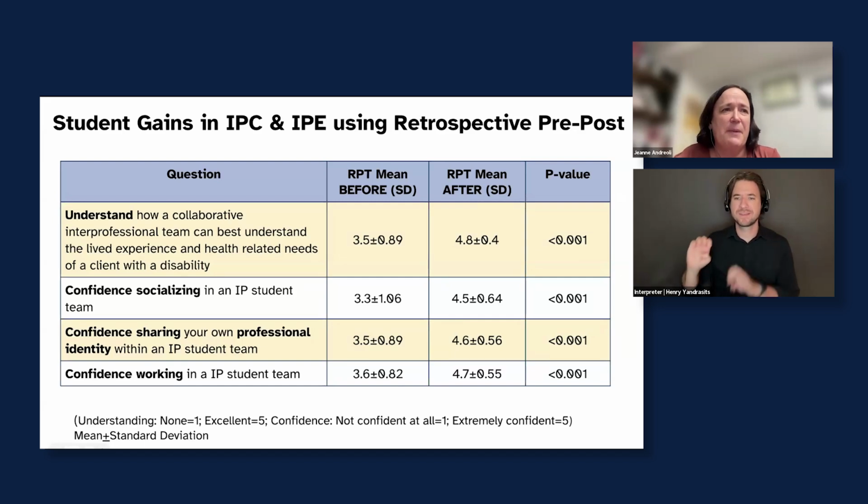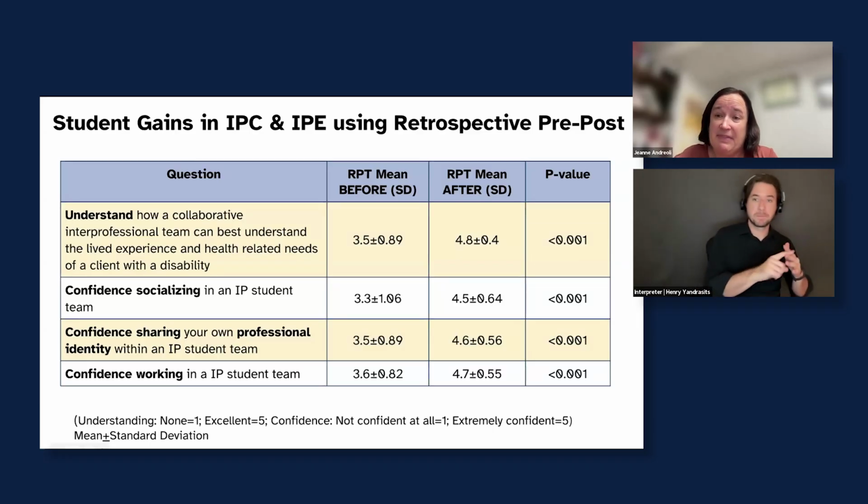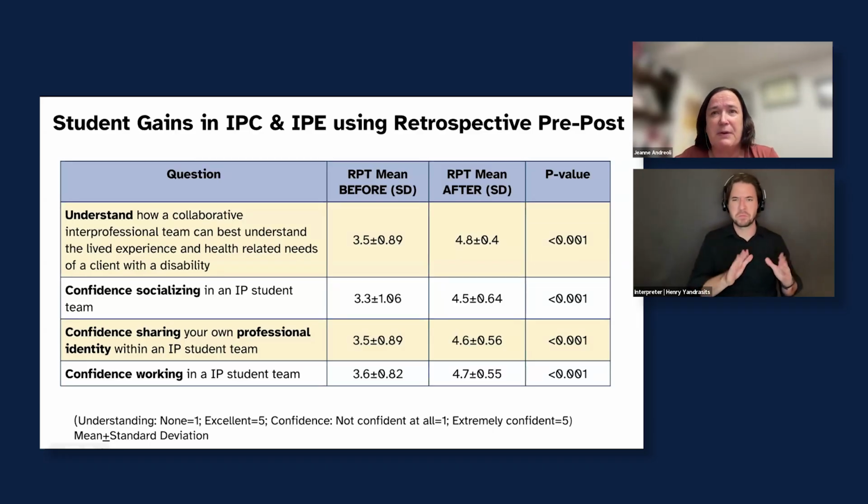And so with this type of survey design, both the before and the after information are collected at the same time, instead of collecting the data at the beginning and the end of this team experience. And so this retrospective approach only collects the data at the end. And it asks participants to self-assess what they know from those two viewpoints.